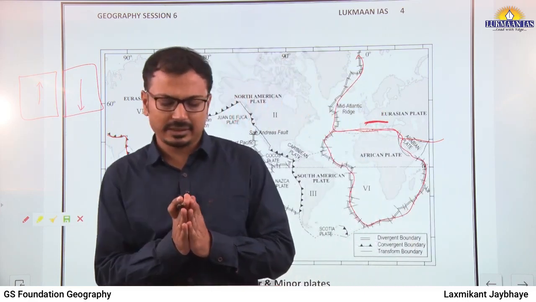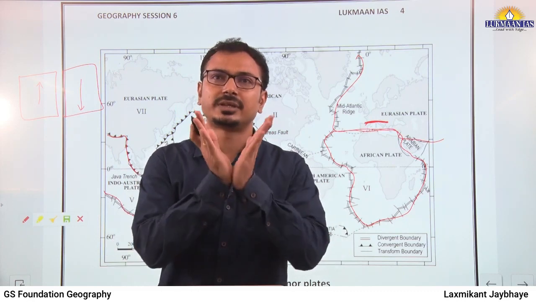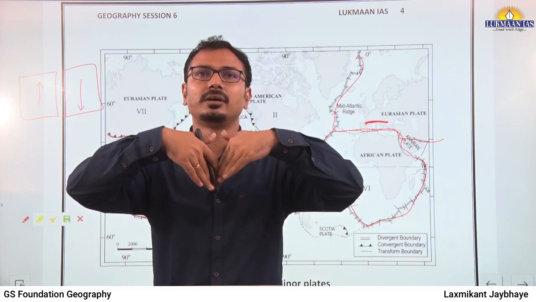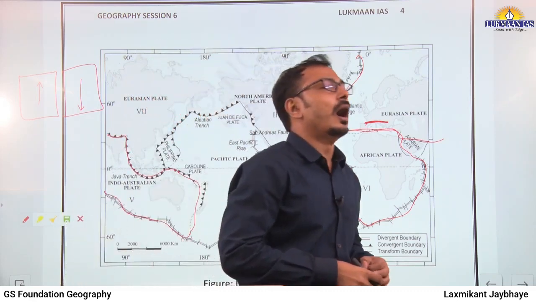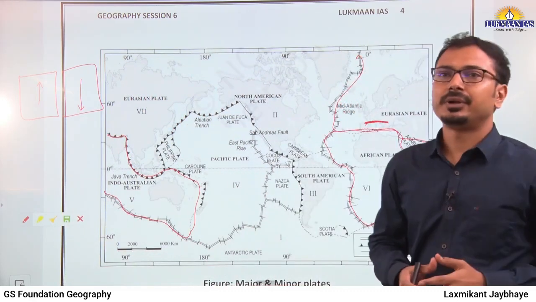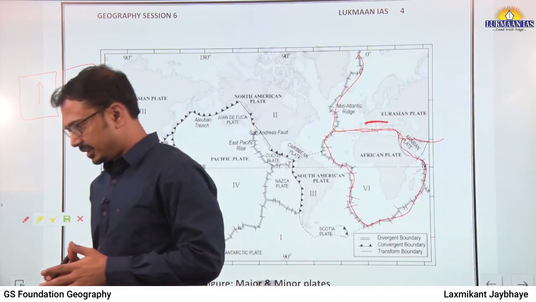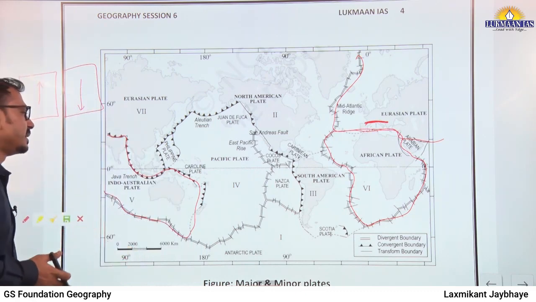We have seen that in a divergent plate boundary the crust was created, and in a convergent plate boundary the crust was consumed. However, in a transform plate boundary, the crust is neither created nor destroyed. Is this clear? Now what are the examples?